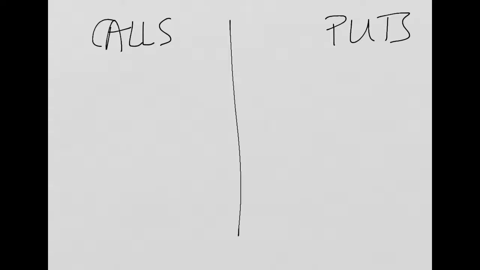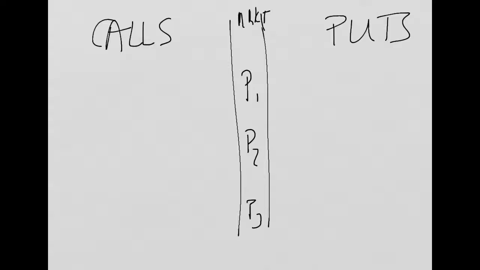I'm going to bring up a chart that's going to show you calls and puts on two different sides of a column where there's prices in here. Price 1, price 2, price 3. So this is basically the price the market could trade at. And these are the calls and the puts and what their actual values are.